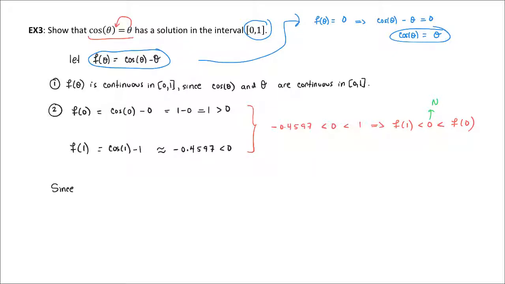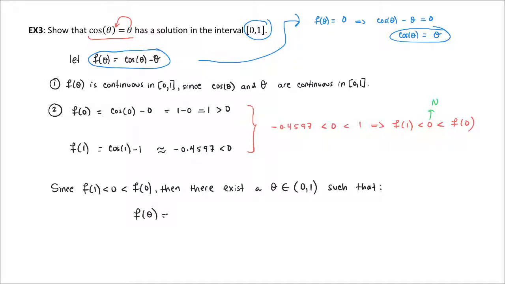Since f of 1 is less than 0 and 0 is less than f of 0, then for sure there exists a theta in the open interval 0, 1 such that f of theta is equal to 0, the number in the middle, this n right here.